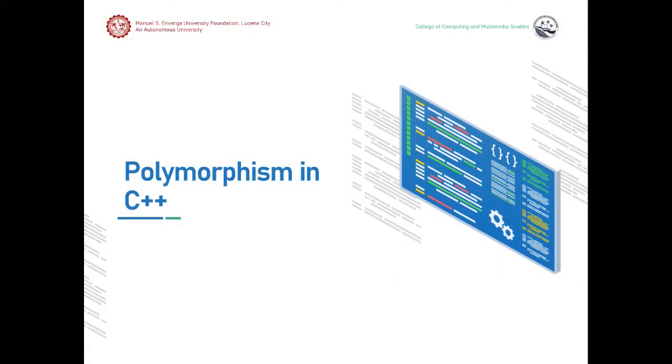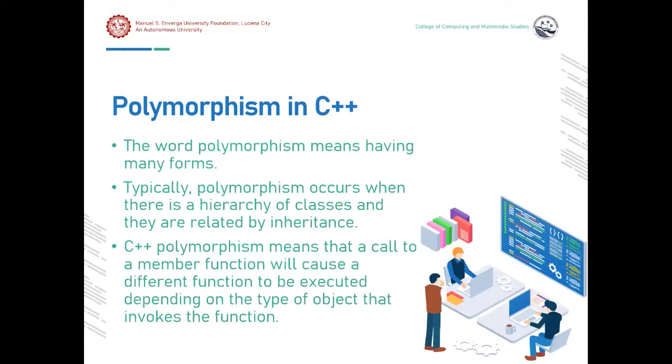And for today's topic, ang ating pag-aaralan is about polymorphism in C++. The word polymorphism means having many forms. Poly means many and morph is forms. So having many forms.